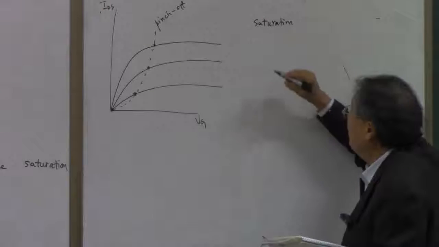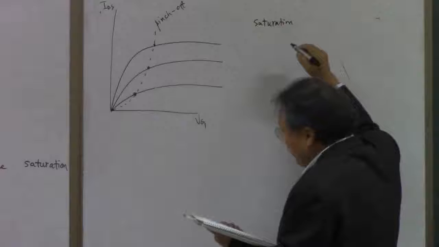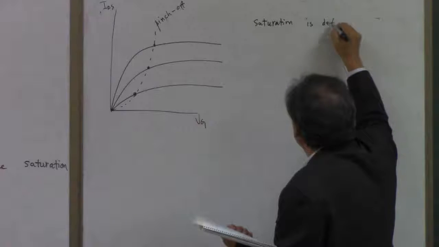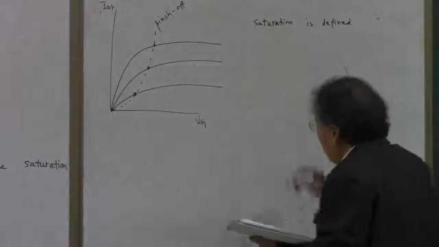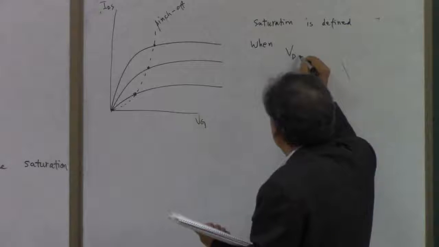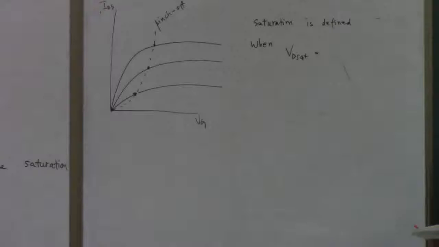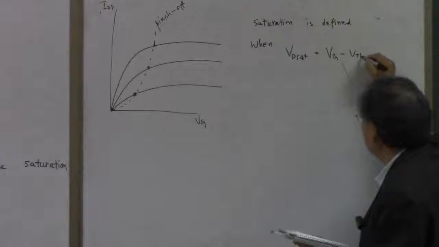Saturation of ID drain current is defined when Vd, the saturation drain voltage, is exactly the same as the gate voltage minus threshold voltage.